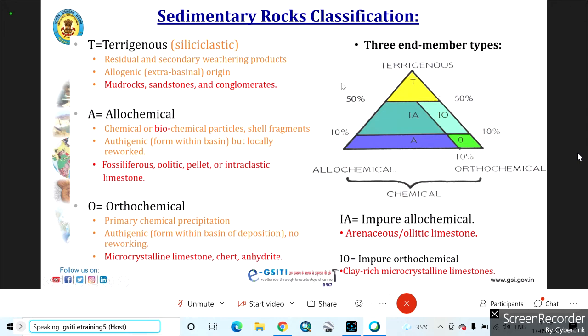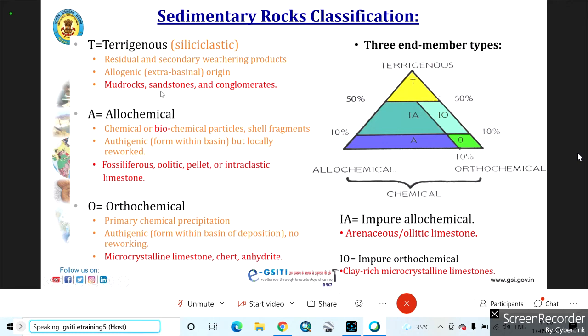Now I am coming to the sedimentary rock classification. To classify the sedimentary rocks, there are mainly three end members. One is the terrigenous, second is the allochemical, and third is the orthochemical. So what are the terrigenous? We have already explained that these are siliciclastic, formed by physical processes, that is residual or secondary weathering products, and that is of extrabasinal origin.